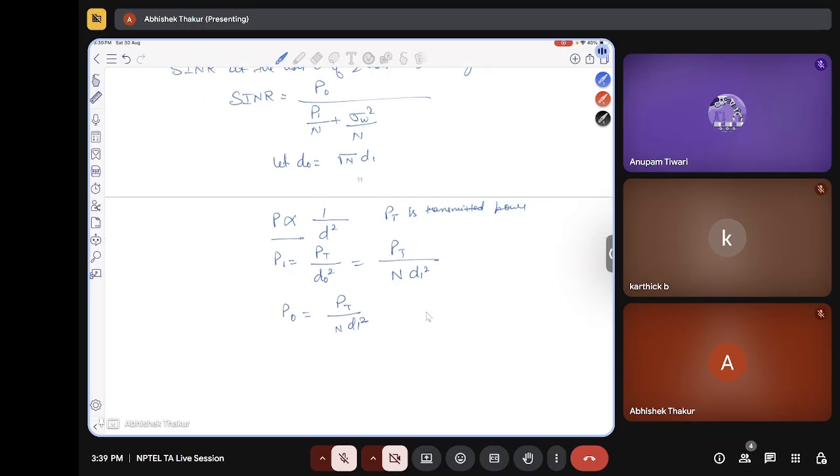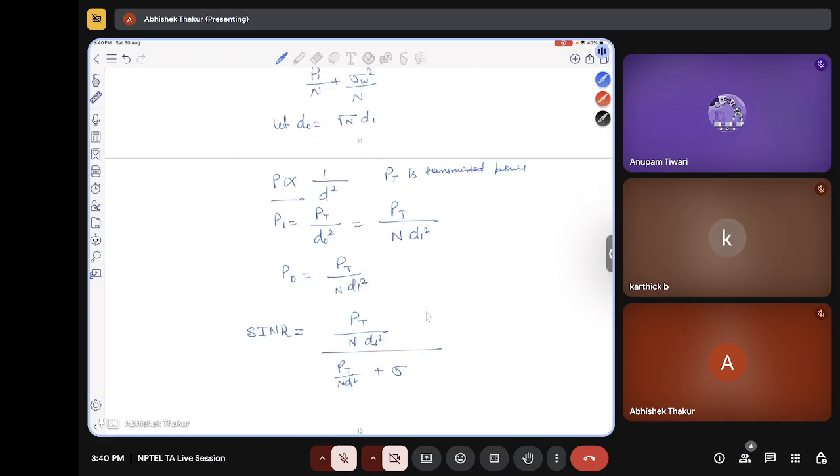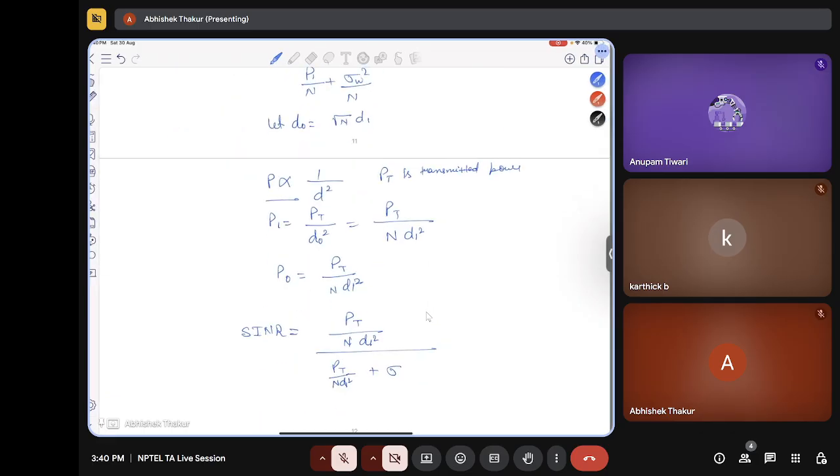So now SINR will be, let's suppose, Pt by n d1 square divided by Pt by n d1 square plus the noise sigma n square divided by n.